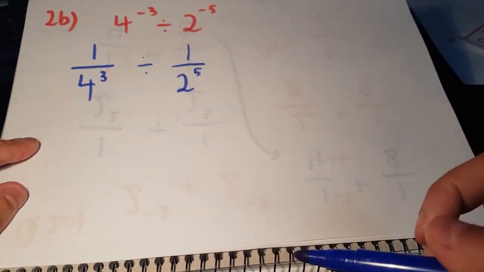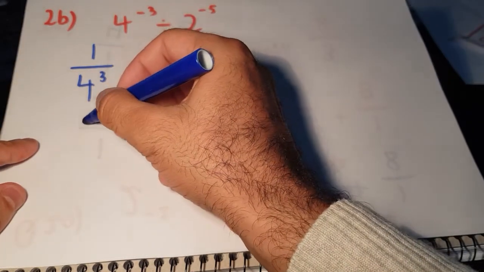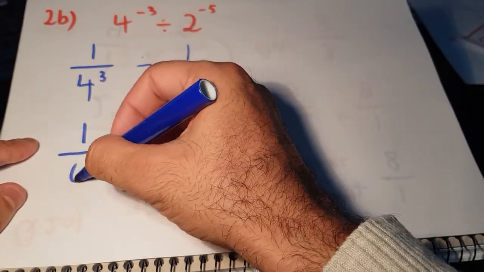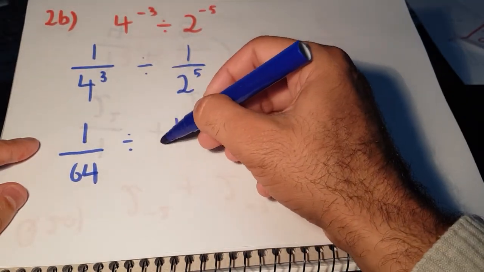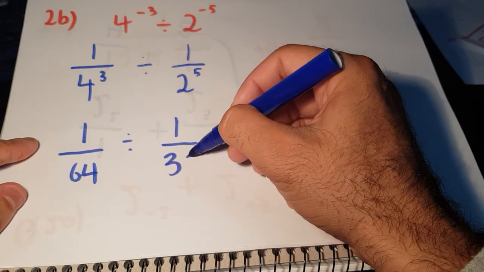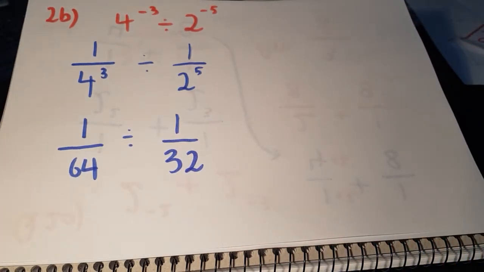I know that 4 to the power of 3 is 64. So it'll be 1 over 64 divided by 1 over 32. Now this is where a lot of students will make mistakes. Unfortunately, in this test, we were not allowed to have a calculator.